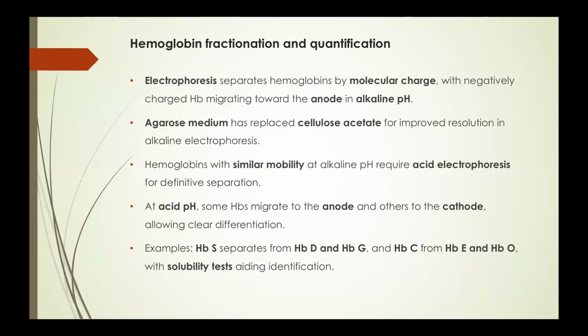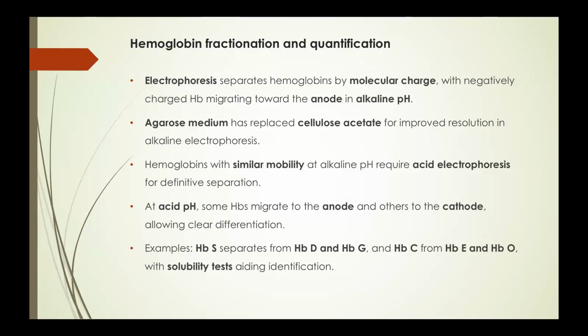All hemoglobin will be negatively charged when you use alkaline pH or cellulose acetate electrophoresis. But this time we are using agarose or citrate agarose electrophoresis, which separates hemoglobin very well.